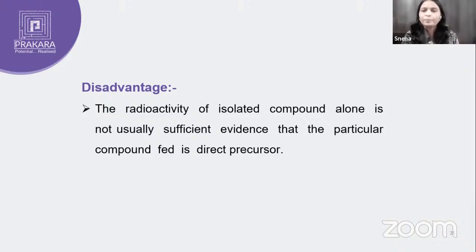Just as I told, there are two types of isotopes, stable isotopes and radioisotopes. In nature, stable isotopes will be there in the plant, and as it is, we cannot identify this. So at that time, radioactivity of the isolated compound is not the method to identify, in the precursor product sequence technique, because stable isotopes might be present in nature. They may be there in the medicinal plant and may enter into the final product. So this is the case, and that is the only disadvantage.